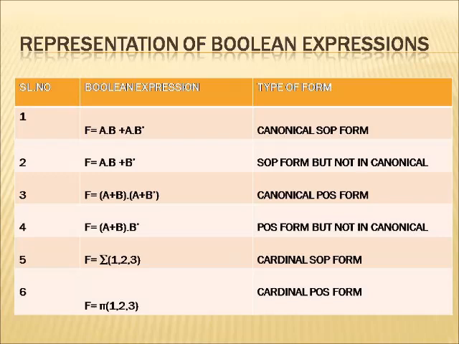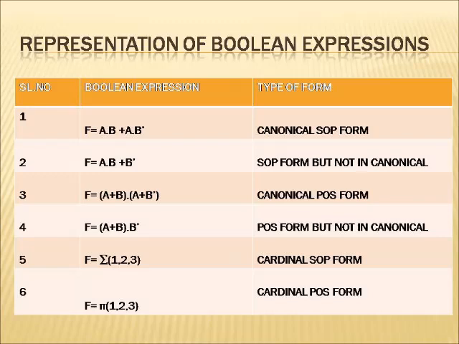How can we say that this is not in the canonical form? Because we can see that there are two product terms, a dot b and b bar, in the given expression, but b bar is a lone term, it doesn't contain the value a.